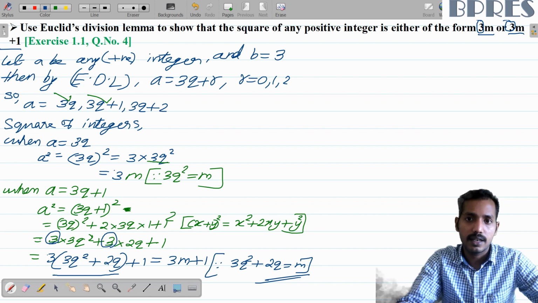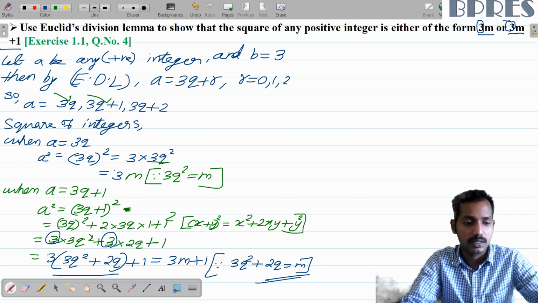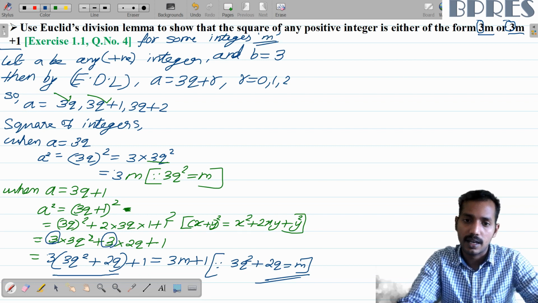Because for m any integer can be applied. The question is actually incomplete. You can see in your textbook, it is 3m plus 1 for some integer m. That is, m can have any value.